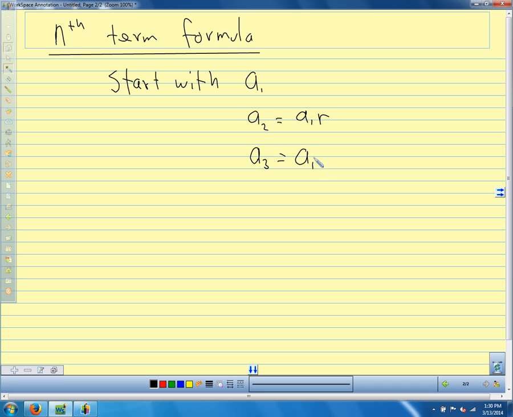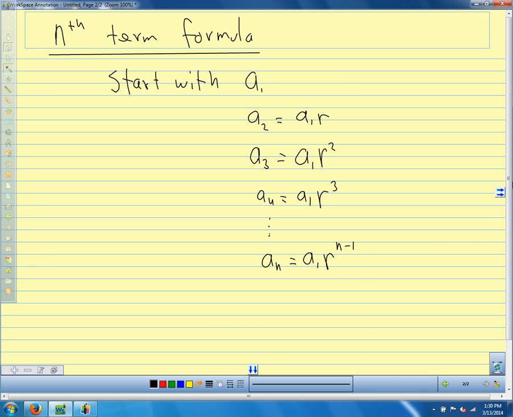A sub 1 times r squared, right? r times r is r squared. A sub 4 is going to be a sub 1 times r squared times r, which is a sub 1 r to the third. And if we keep going, a sub n is going to be a sub 1 r to the what power? n minus 1.